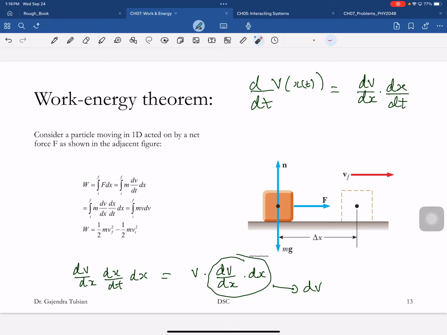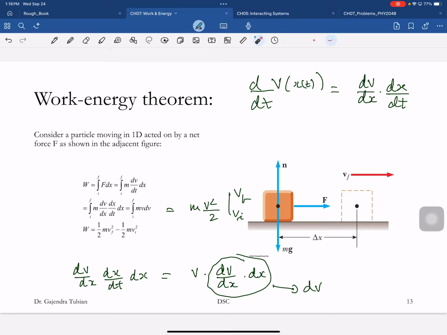It's like x dx. The integral is v square. And so this integral is m v square by 2, and the limits are v initial and v final. So the work done by the net force showed up as change in kinetic energy. And that's the work energy theorem.